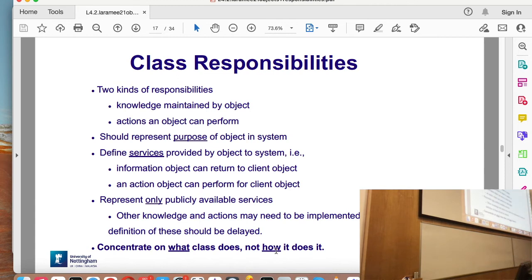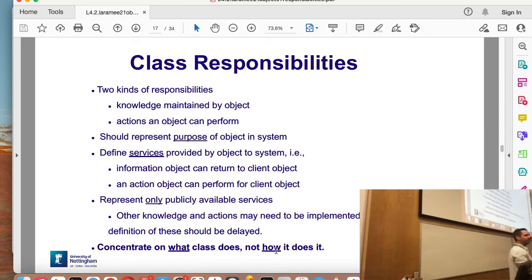Yes, that's a good answer. It's not the one I was thinking of, but it is a good answer. Pretty close. Yes, the how it's done is up to the person that actually implements the class.